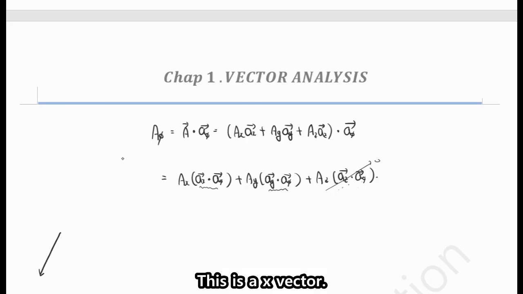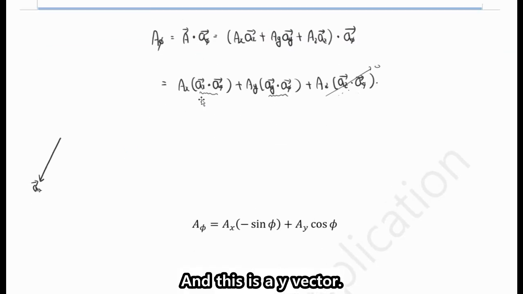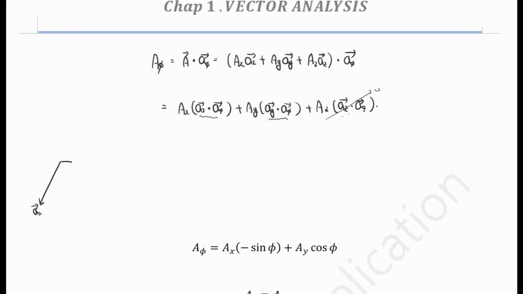This is the a_x vector and this is the a_y vector.